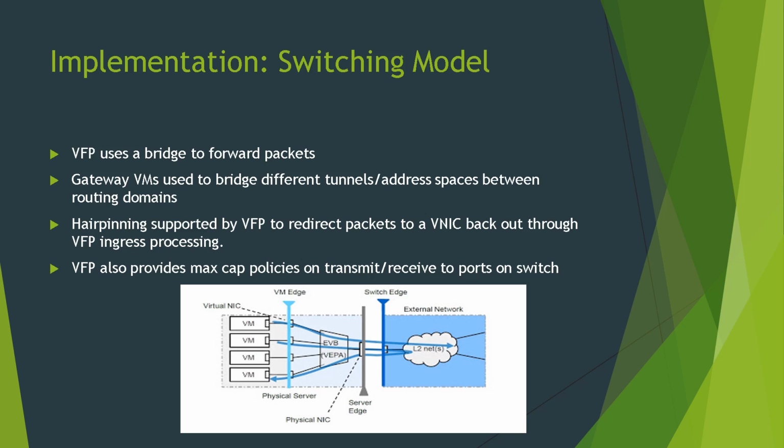I gave a quick diagram for it at the bottom of the page there, but hairpinning basically enables high-speed gateways without the overhead of sending packets to a virtual machine. Another important feature that it offers is that it provides max cap policies on any transmit or receiving of packets to ports on a switch. And this is obviously a quality of service ability that VFP's switching model provides.